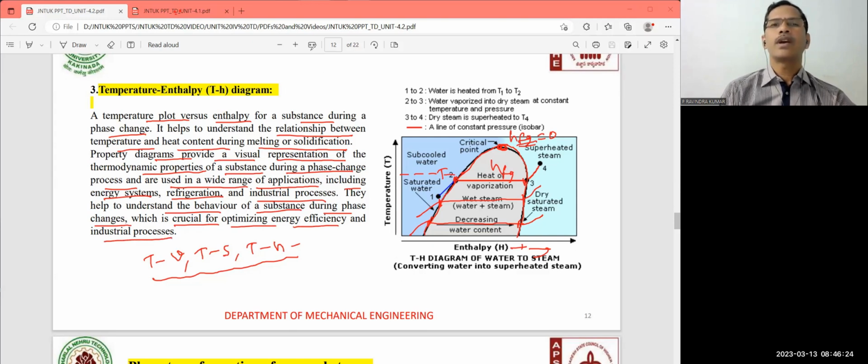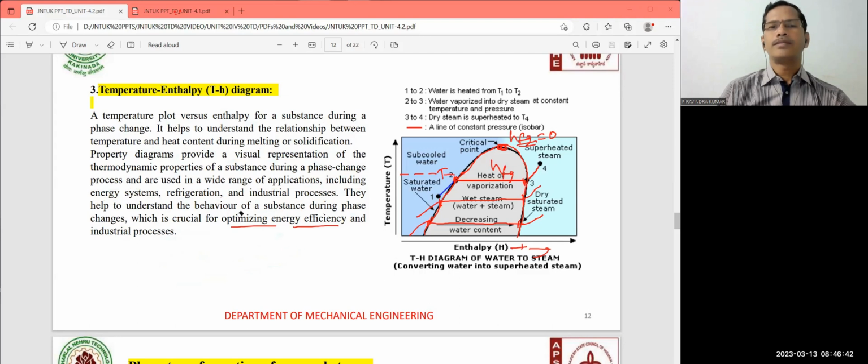So that is the significance of usage of this particular PT diagram, or whatever diagrams there may be. A student has to understand these diagrams. So this is a type of temperature versus enthalpy line.